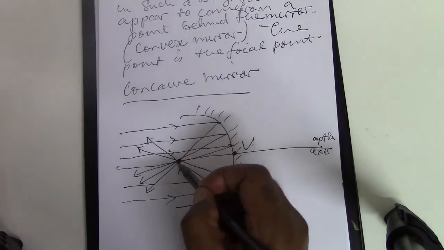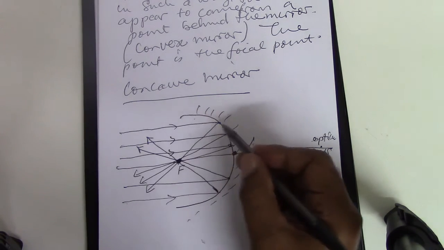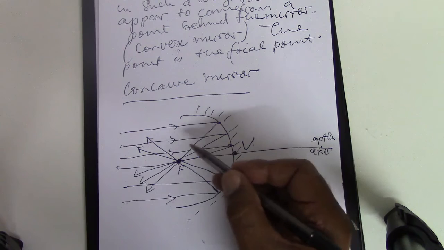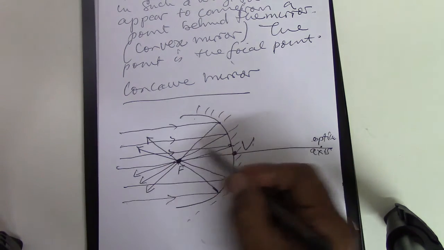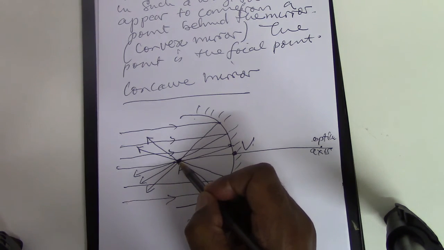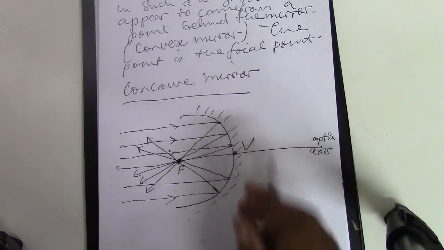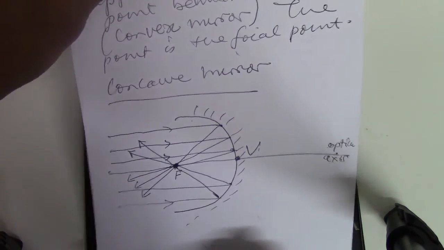So this is our focal point, and the focal point is where incident parallel rays come to focus. Right. So this is what happens in terms of a concave mirror.